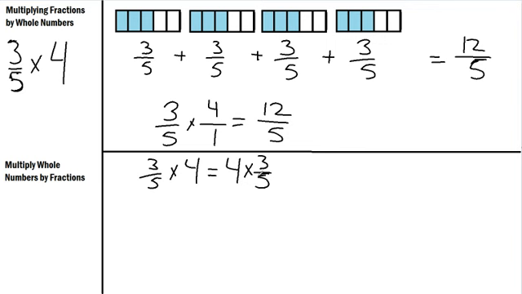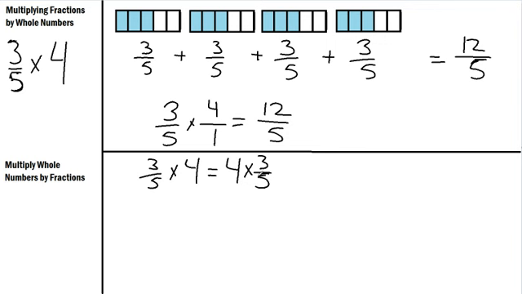Okay, so we're doing 4 times 3/5. Oh goodness, I have them both in my head mixed up a little bit. 3/5 4 times. Okay, so we're going to do 4 times 3/5.